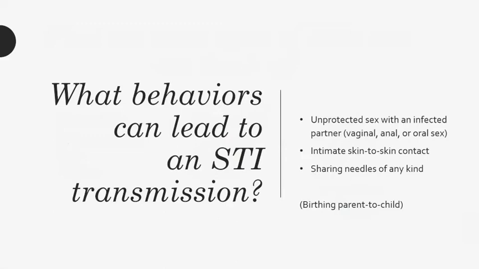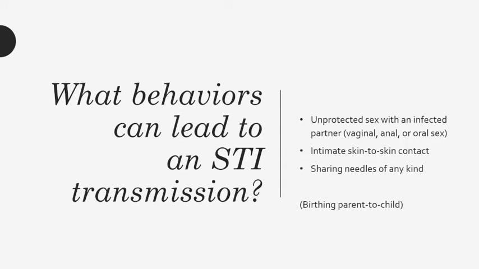Next, we'll discuss what behaviors can lead to an STI transmission. The main way that STIs are passed from person to person is through unprotected sex with an infected partner. To expand on that, this includes vaginal, anal, and oral sex. Another way is through intimate skin-to-skin contact, and then also sharing needles of any kind.